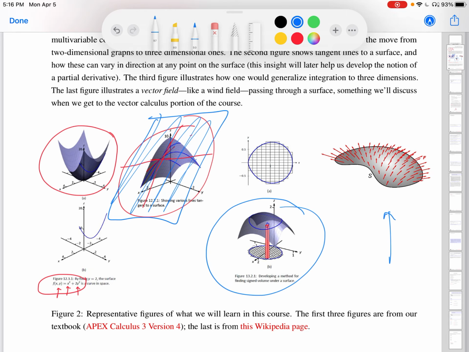So in vector calculus, we try to understand what that can teach us about physical phenomena and about other aspects of math. So we will talk about vector calculus at the very end of the course.